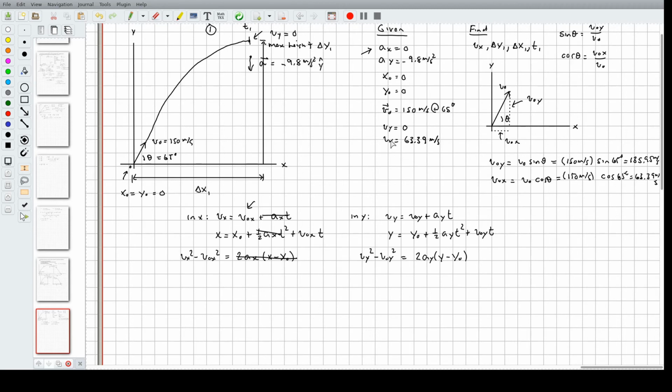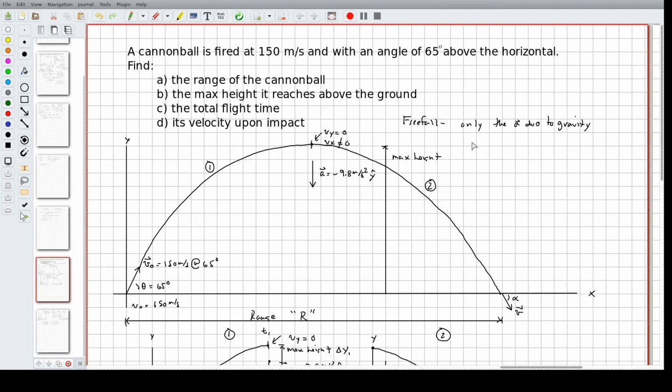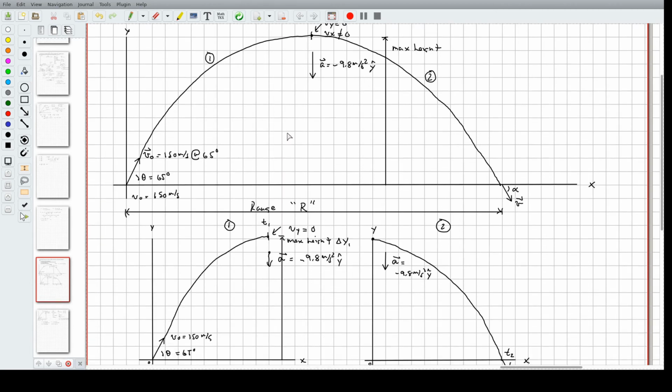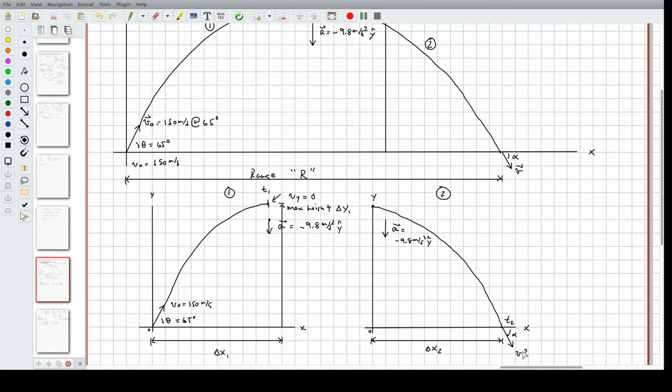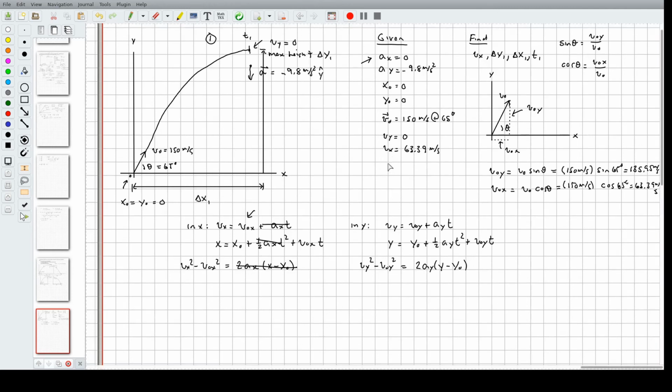It's going to be true for the first part of the problem and also true for the second part of the problem. Now, what that means is we actually know part of the final stuff. We wanted to find the velocity of this thing upon impact. We already know the x part of the final velocity. We need to find the y part.